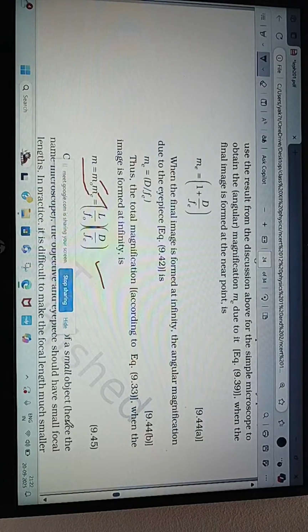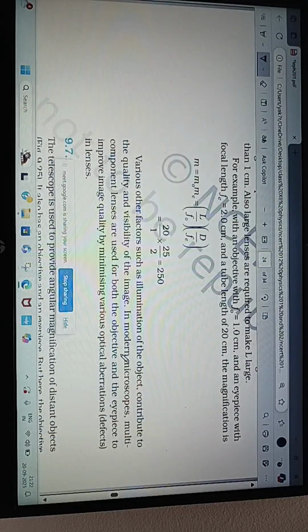Angular magnification we have taken. First case is linear magnification, second case is angular magnification. Angular magnification is D by fe, and this is the linear magnification, L by f0.